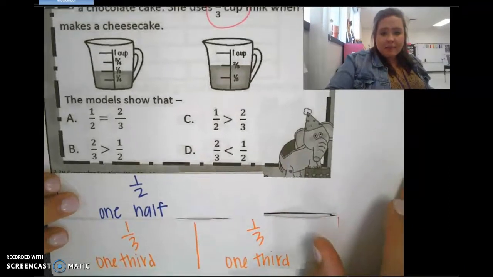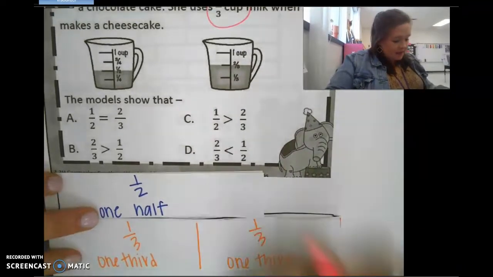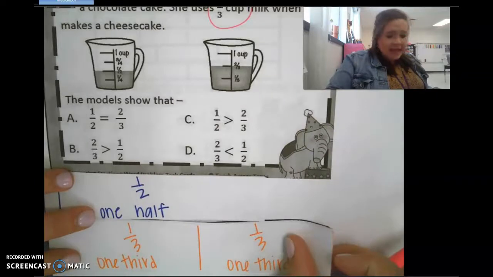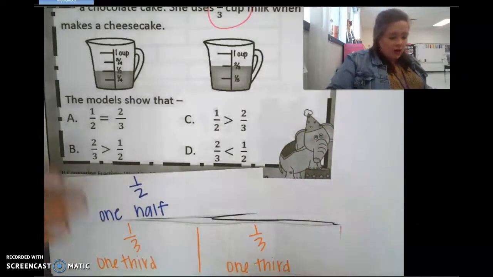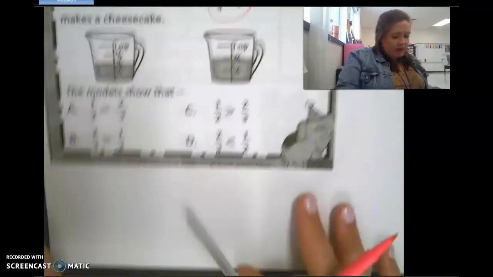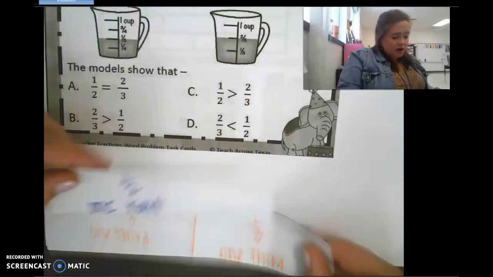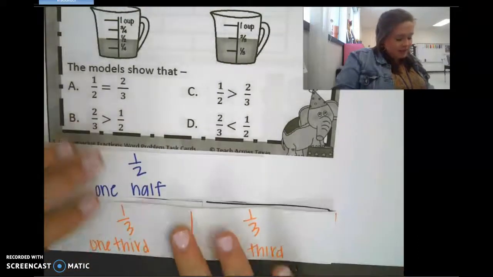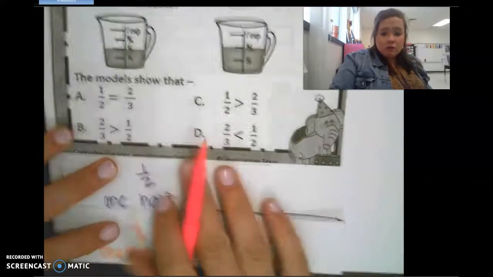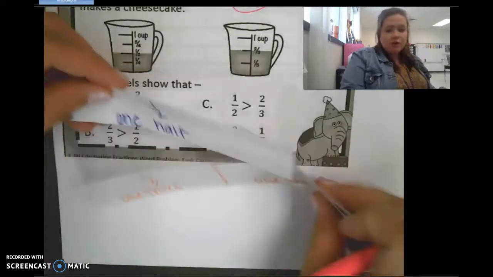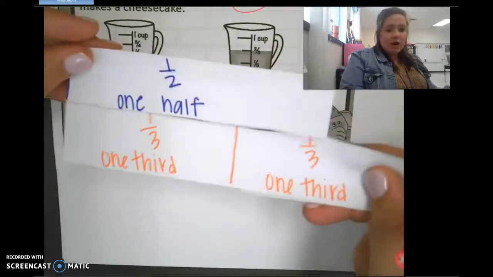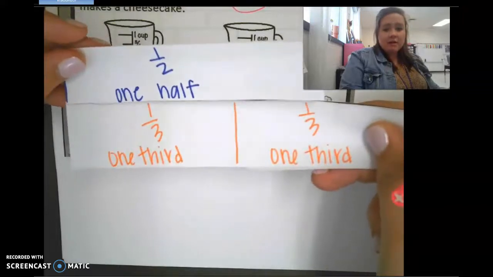Okay, and you can see that these are not equivalent fractions, okay? These are not equivalent fractions. So, they are not the same size. 2/3 and 1/2 are not the same size, all right? You can see that there.